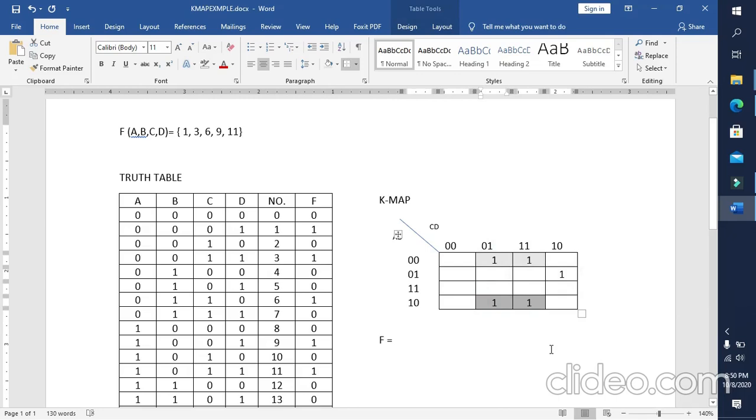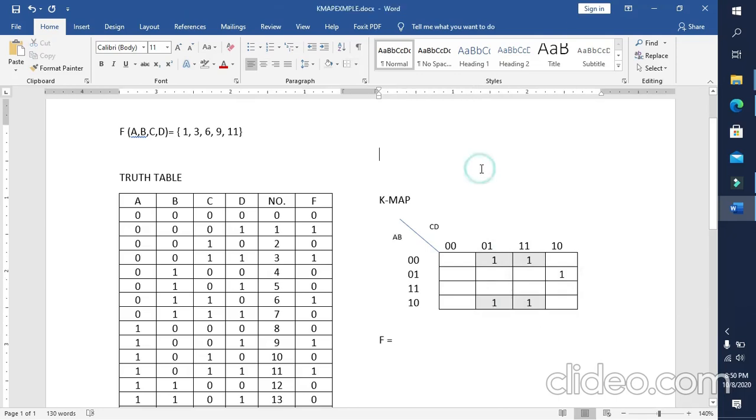Since I will have a hard time using the A prime, B prime, C prime, and D prime for the values of 0, I hope you will not have a hard time understanding that instead of using the A prime, B prime, C prime, and D prime for the values of 0, I will just use 0 and 1 instead.